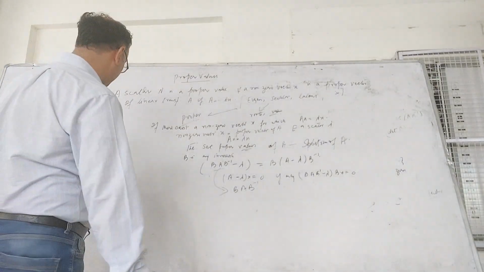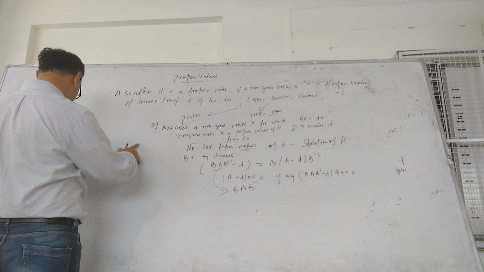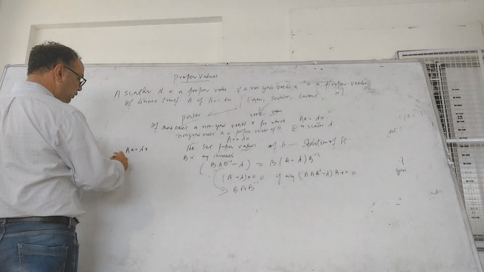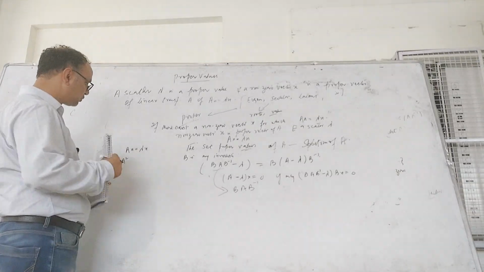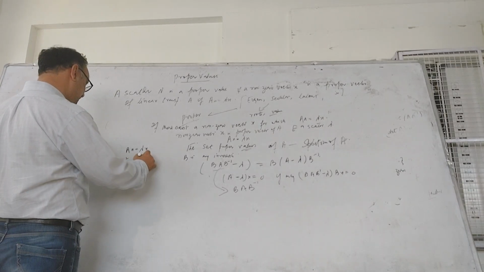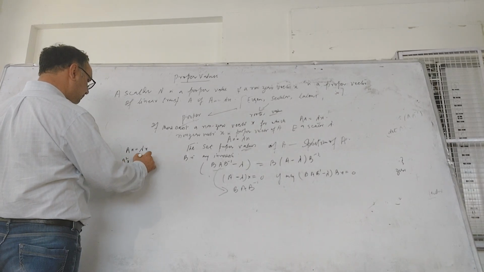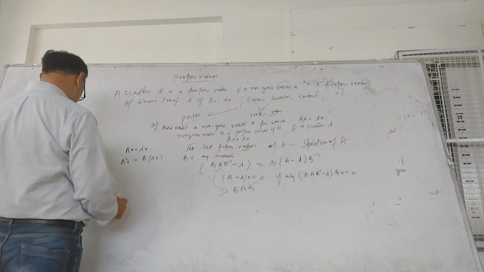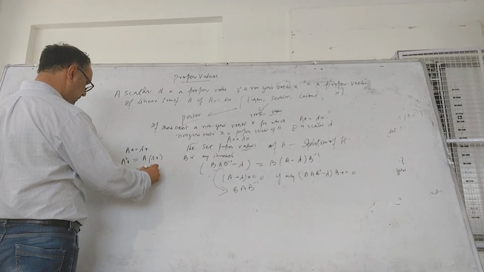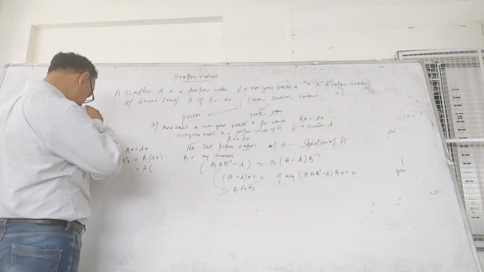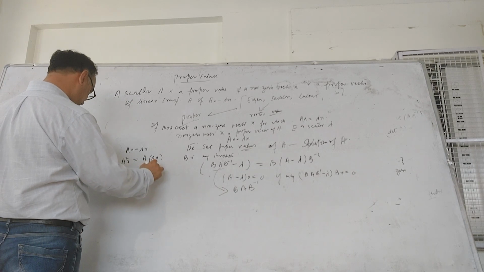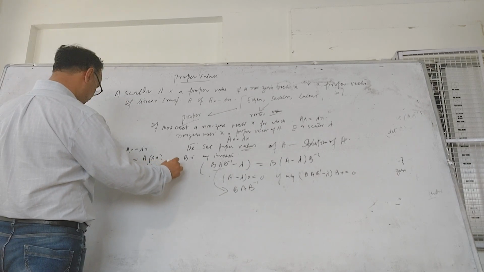Or if we have a linear transformation, Ax as lambda of x, so A of x you can have as lambda of x, and A square x is lambda square x.